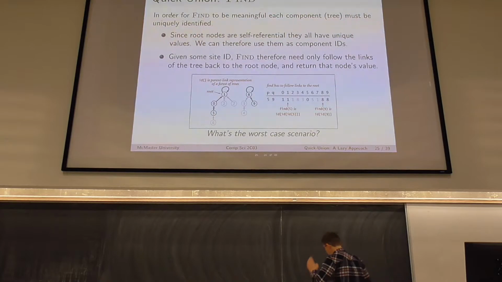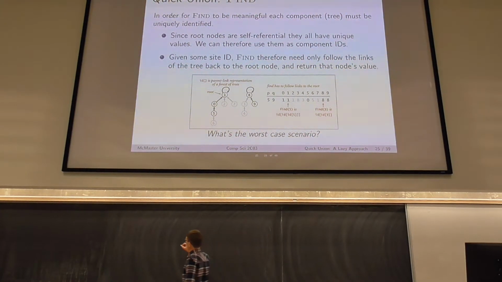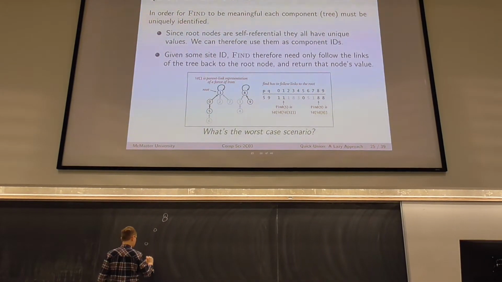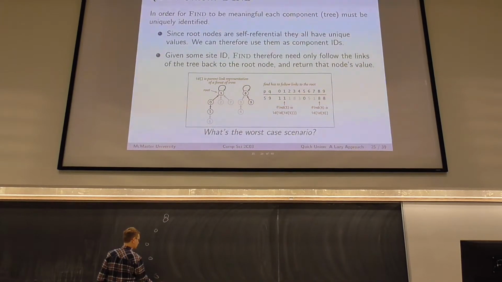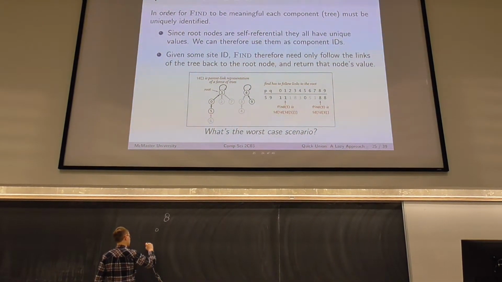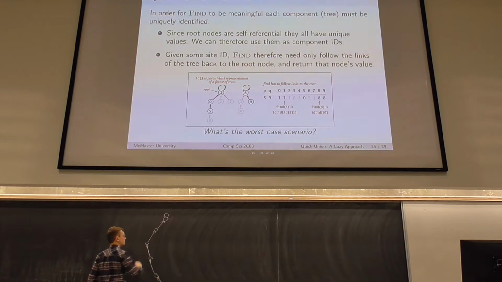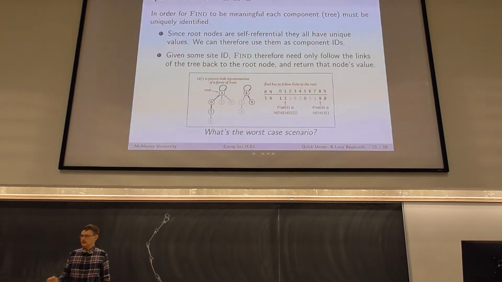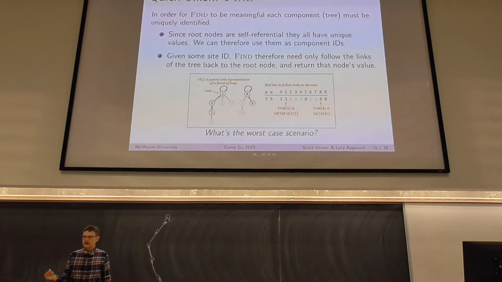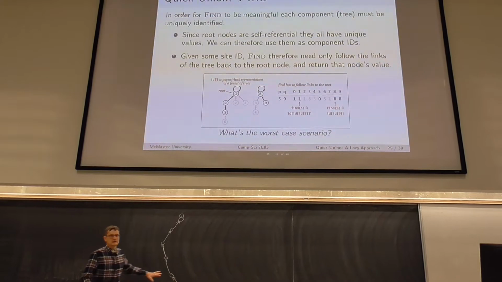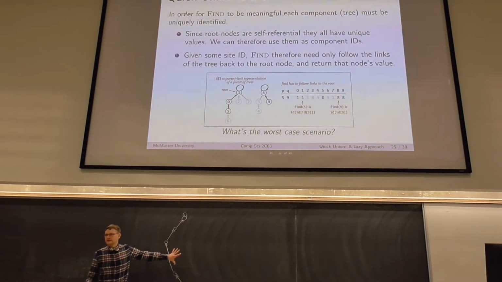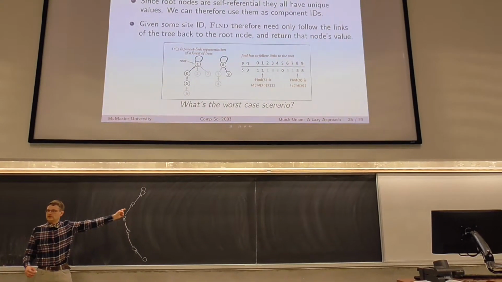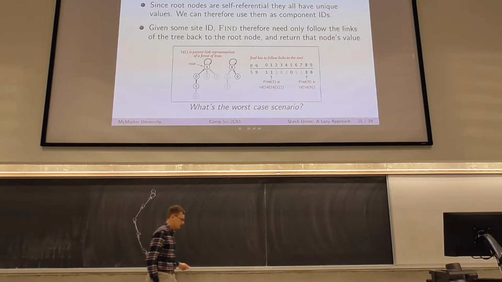Because the construction of these things is arbitrary, you can have an actual linear structure. So trees are a more general graph than a linked list, for example. A singly linked list is a possible form of a tree in this iteration of it, right?